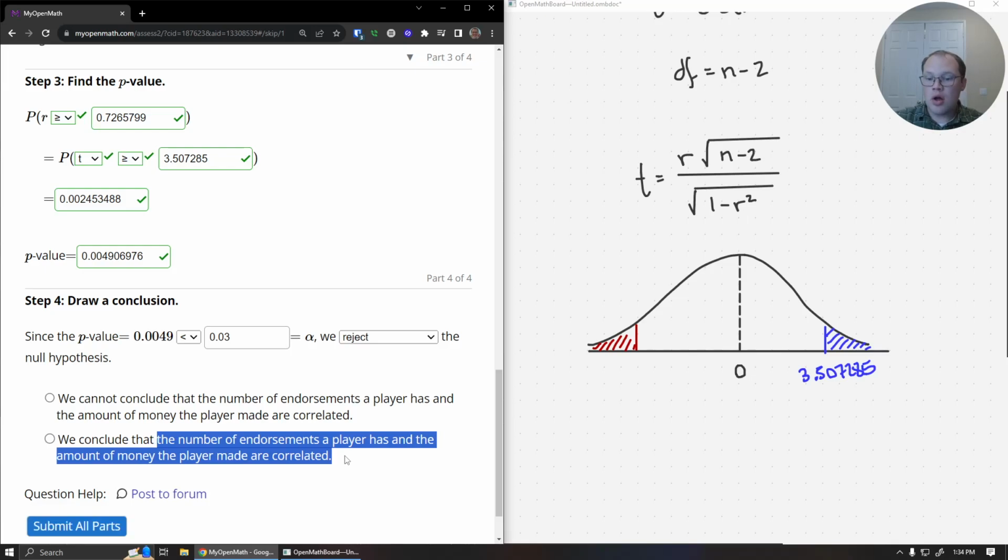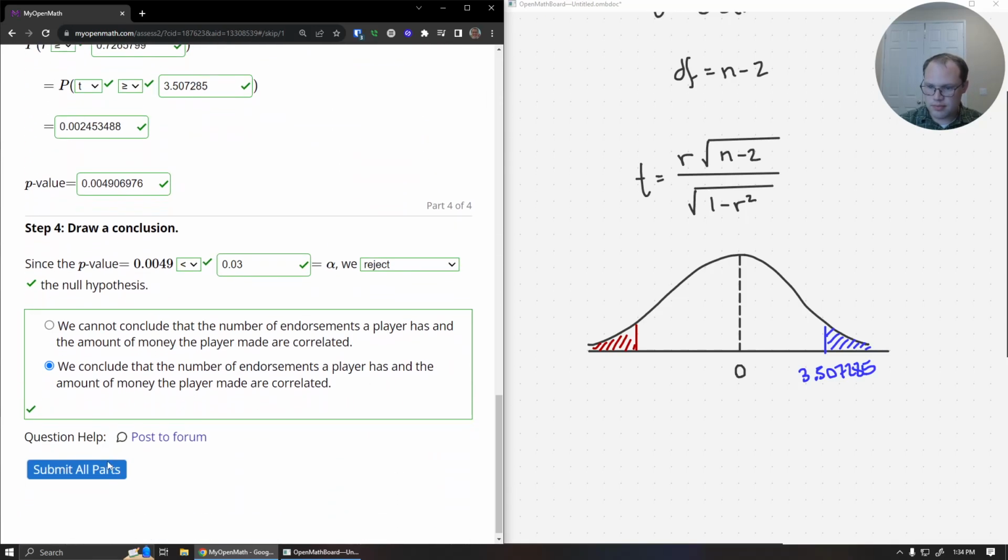Since we're rejecting the null hypothesis and accepting the alternative, we conclude that these two variables are correlated, not just in the sample data we have, but in the entire population. So let's submit, and we have it.